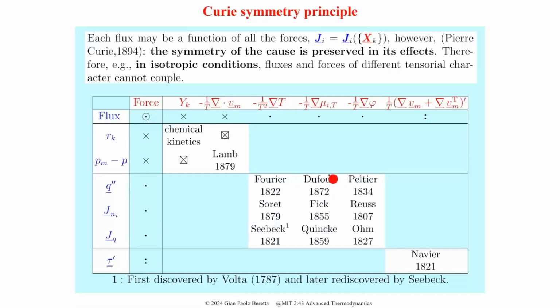These are typically called cross effects because they happen in the off-diagonal terms of this coupling matrix. And also you may have noticed that I haven't put anything in these parts. So why don't I fill completely this matrix?